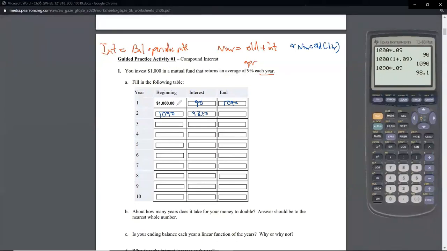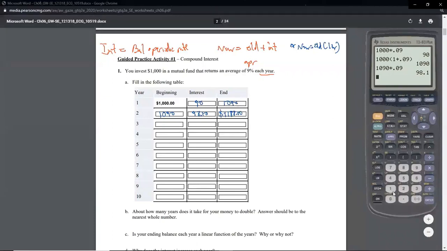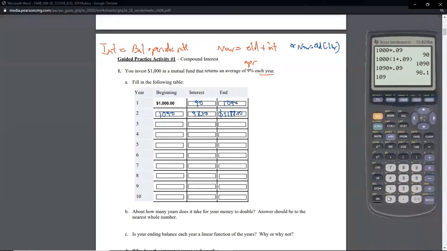Sorry, I can't hit my mute button when this annotate menu is up, unfortunately. If you add these two, 1,090 and 98.10, you're going to get $1,188.10. The same as if you instead just took your previous balance, the old, times the growth factor 1 plus 0.09.